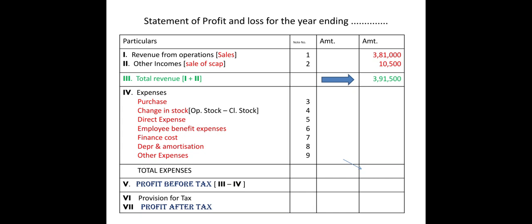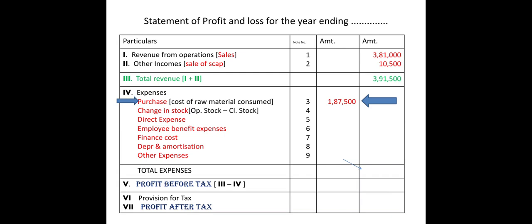Yes, under the heading of purchase. Purchase means sometimes there is a purchase of goods and sometimes there is a purchase of raw material. Both are treated as purchase. So if you buy raw material, that is also a purchase. So write it down under the heading of purchase.